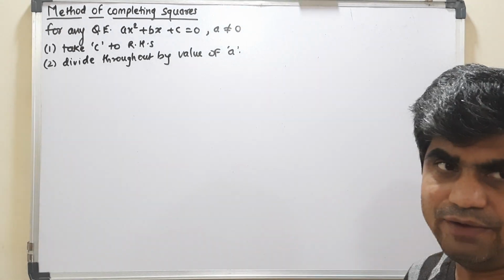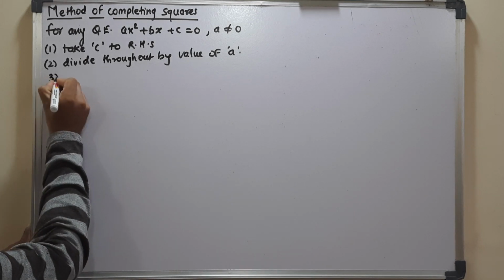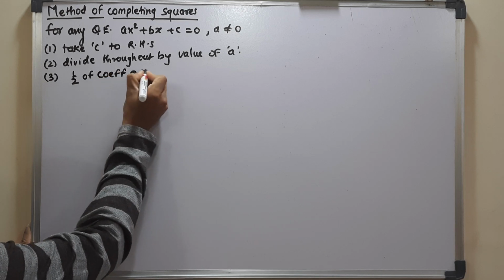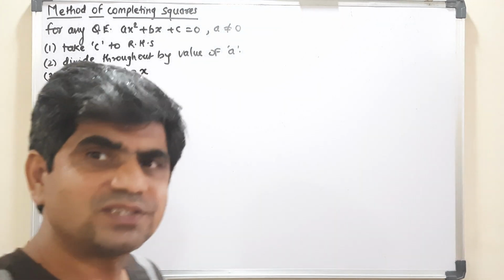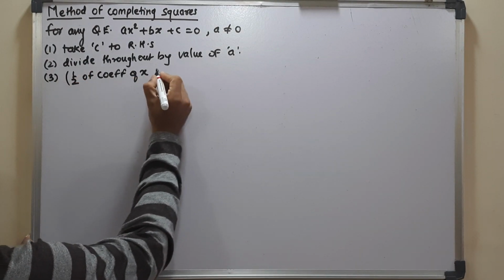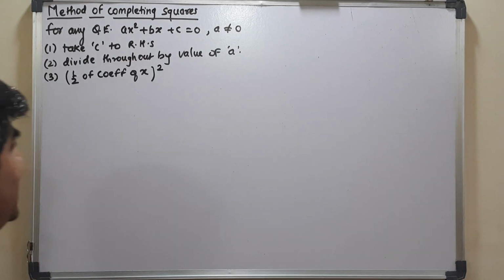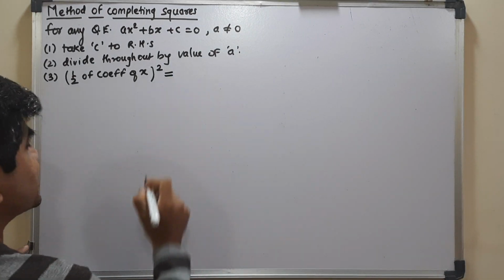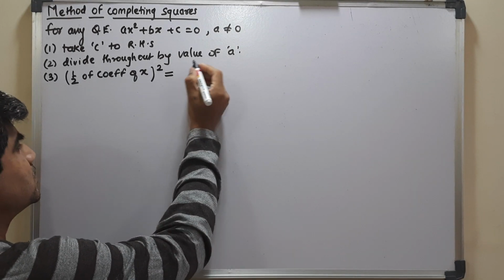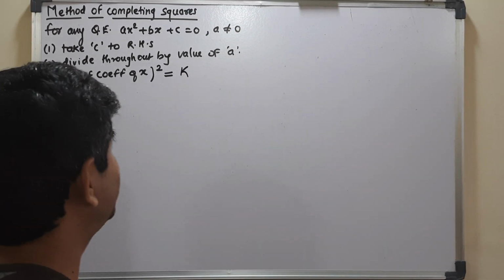Once you get divided by the value of a, then you make half of the coefficient of x, that is, whatever is the coefficient of x, divide it by 2 and square it. That is half of the coefficient of x, squared. Suppose whatever you get is called k.